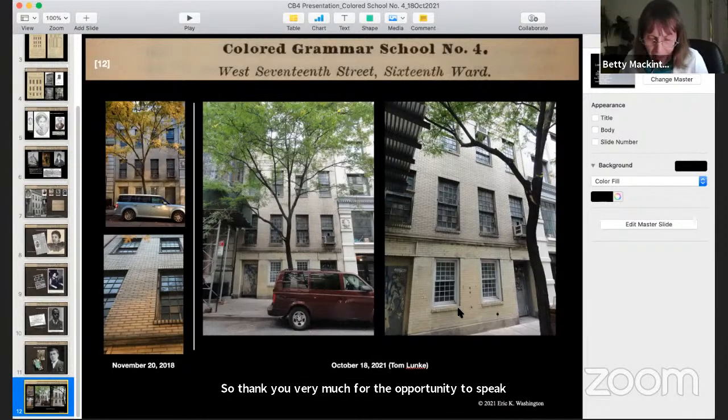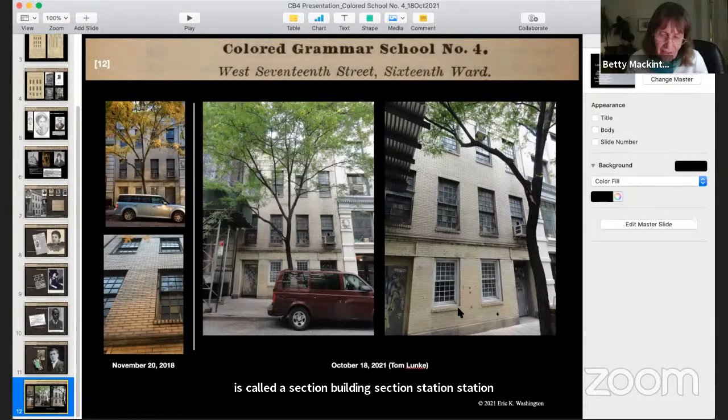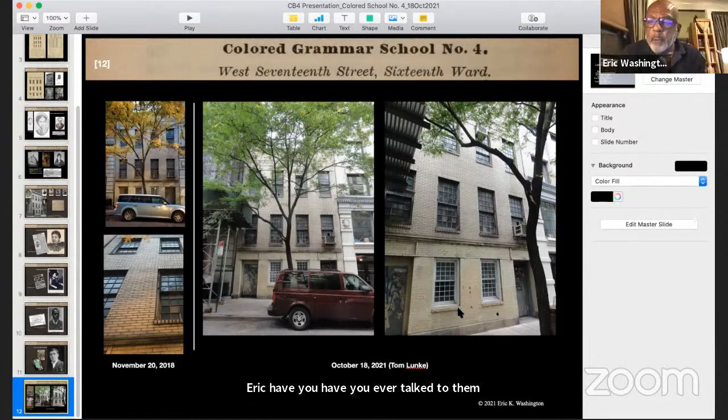Thank you, Tom, and thank you for that tidbit. It's called a section station? Okay. And that makes me think, Eric, have you ever talked to the Department of Sanitation about this building? No, for a couple of reasons. I didn't know because it has a lot of departments.